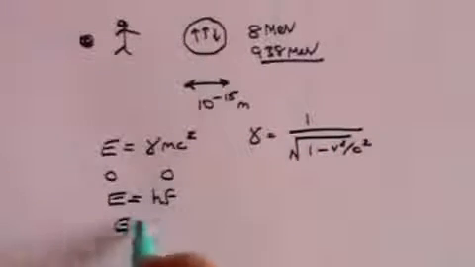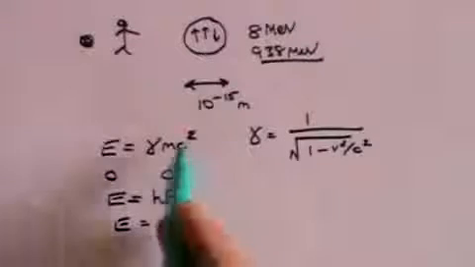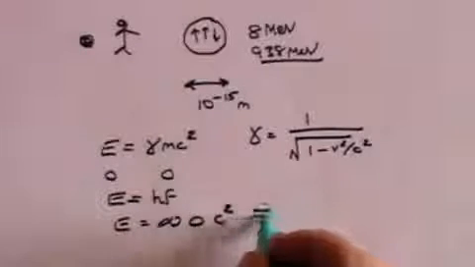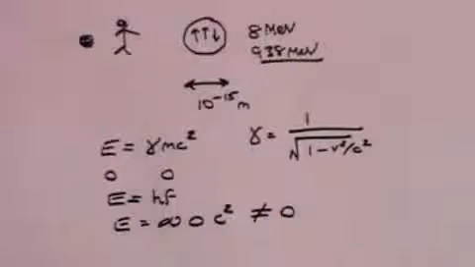And then the energy equals gamma, which is infinity, times mass, which is 0, times c squared. And that is mathematically undefined. Infinity times 0 is not defined, but it isn't 0. And that's how a massless particle can have energy. It must travel at the speed of light.